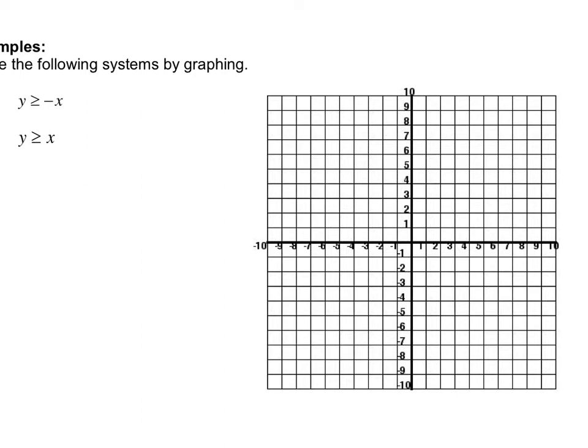Up one, left one? That works, but what's my b value here? Isn't that where we always start on these? 0. Good. And you can go up one, left one, or down one, right one, either way. But I'm going to graph this whole line.